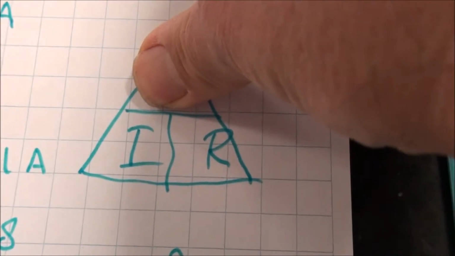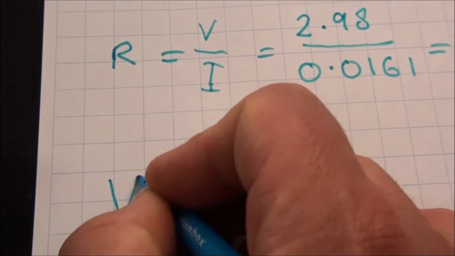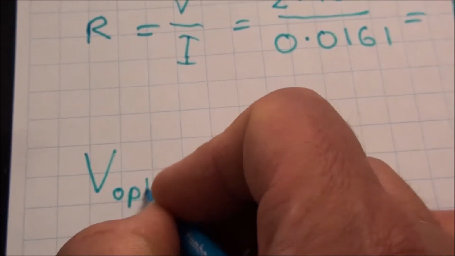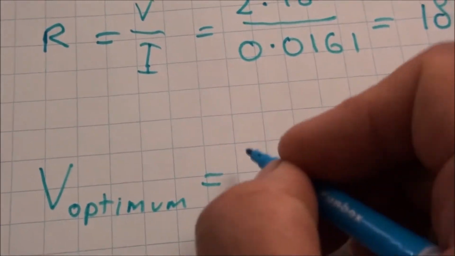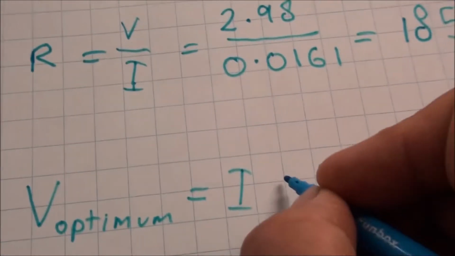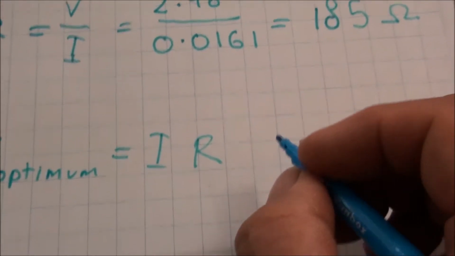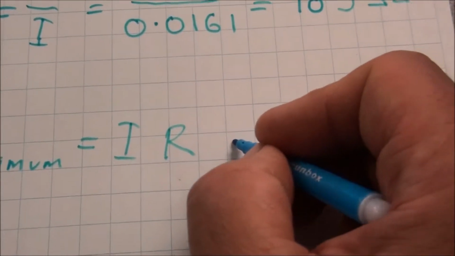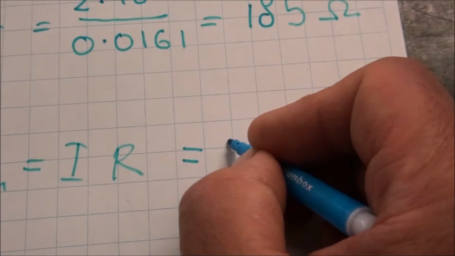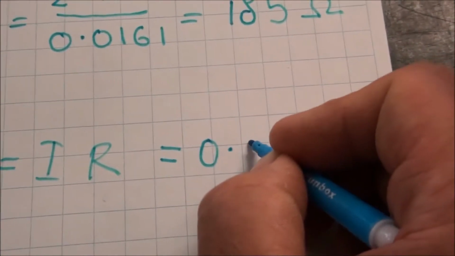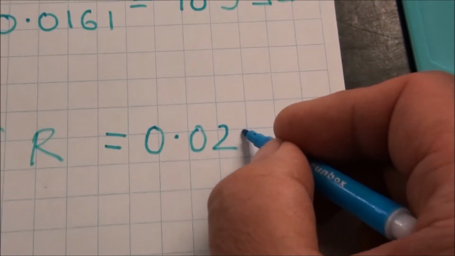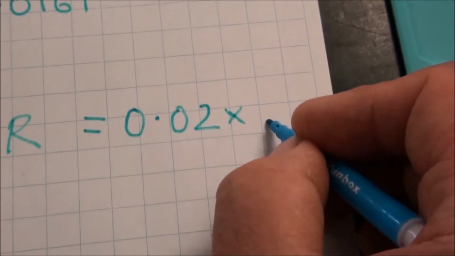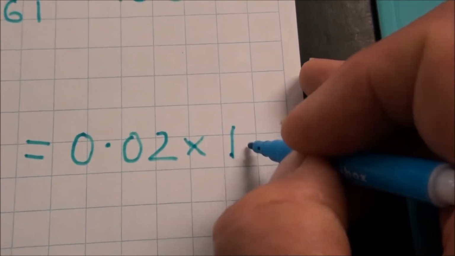V equals IR, or I multiplied by R. Right, so I just wrote down here V optimum equals I R, and remember the optimum current is normally 20 milliamps. Put the values into the equation. 20 milliamps is 0.02 amps multiplied by 1.8.